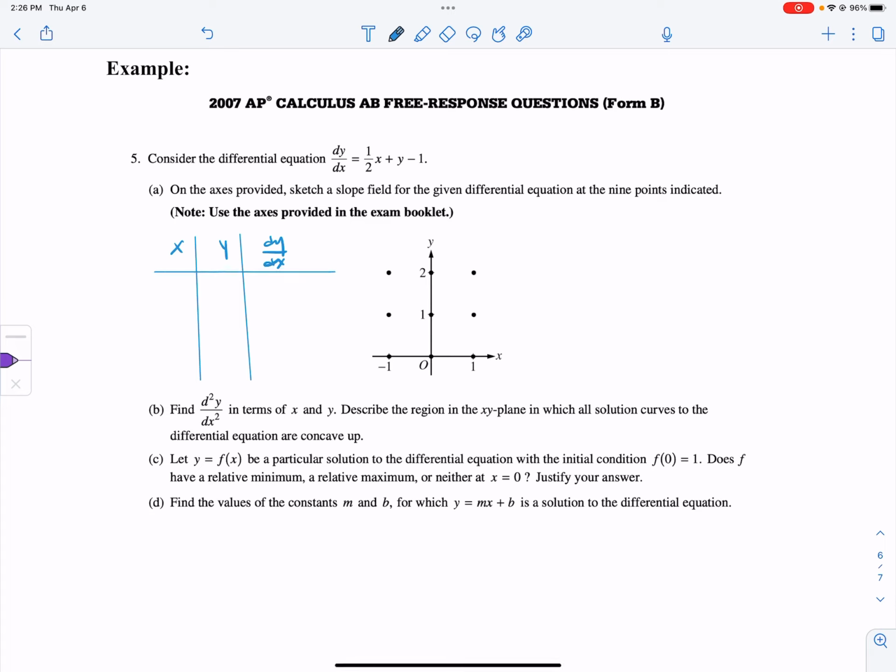So I'll just go through each of the points, I think. So -1, 2. -1, 2 would end up being 1/2. Then -1, 1 ends up being -1/2.